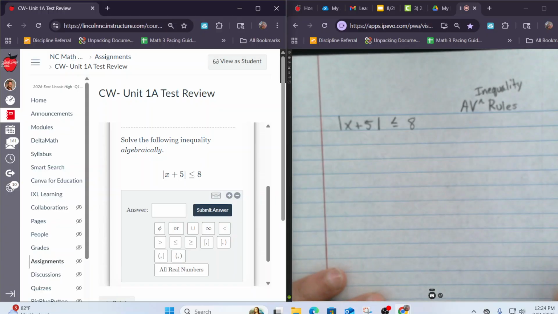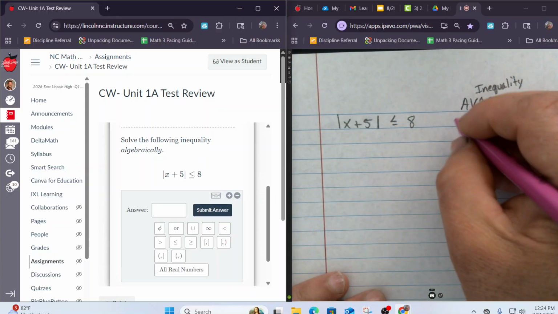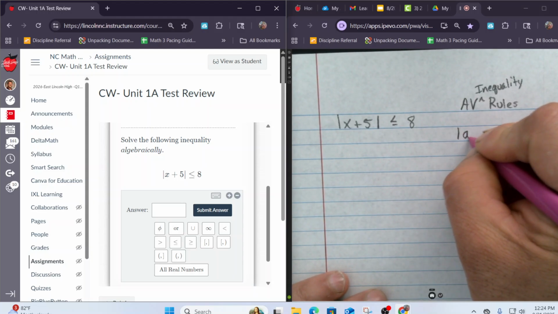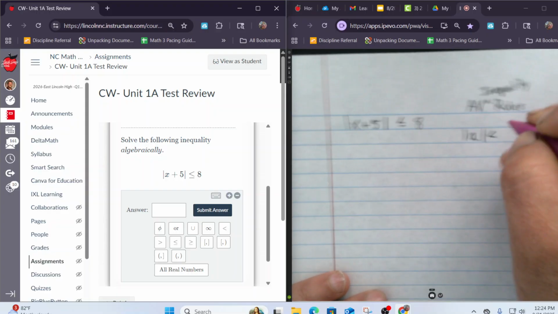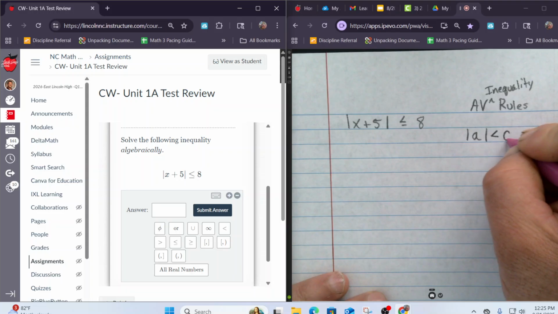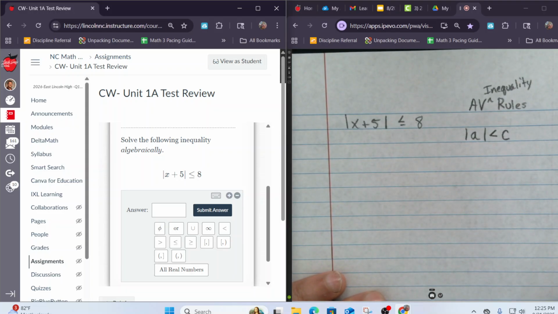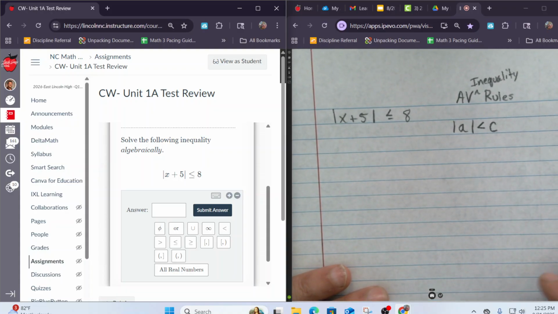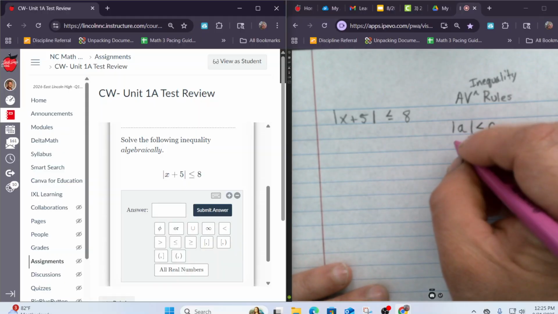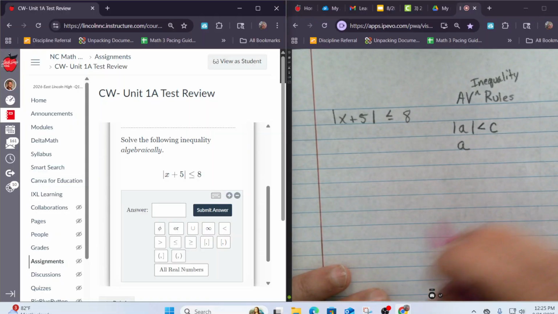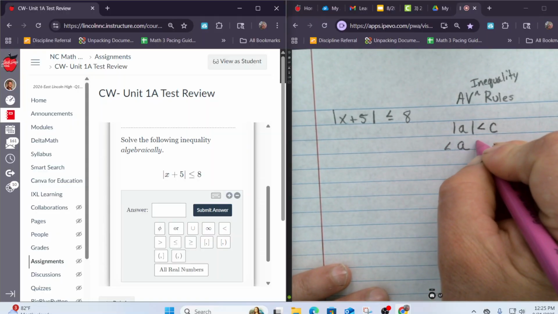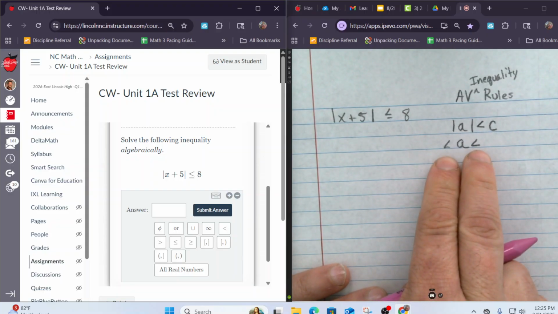Rules. Okay, if you got the absolute value of something, we'll call it A, less than a positive C value, then the rule says take the inside, put it in the middle as a compound inequality.